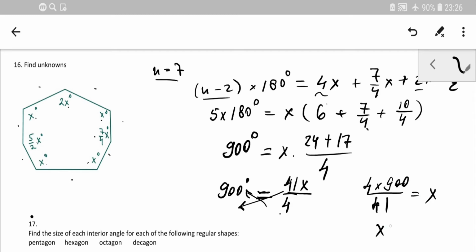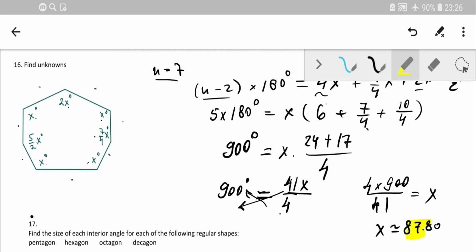So x is about 87.80. Depending on the question, if the question tells you that you need to round to 2 decimal places, then round like that. Also you can round to 3 significant figures.